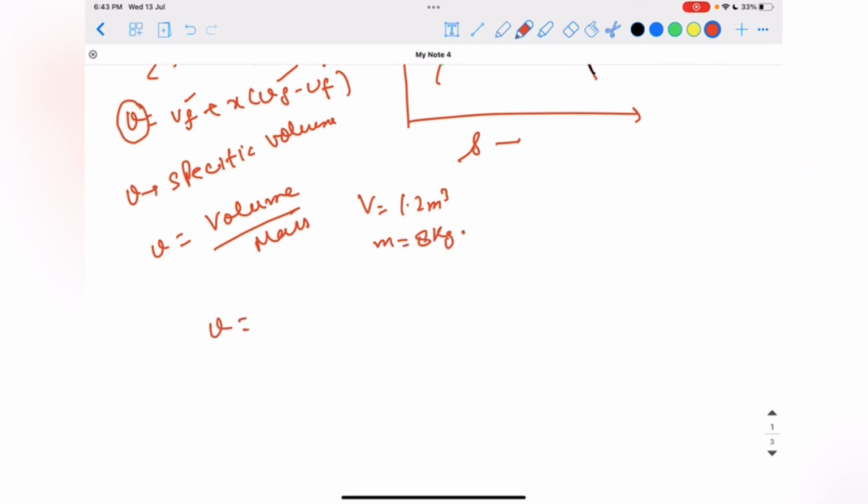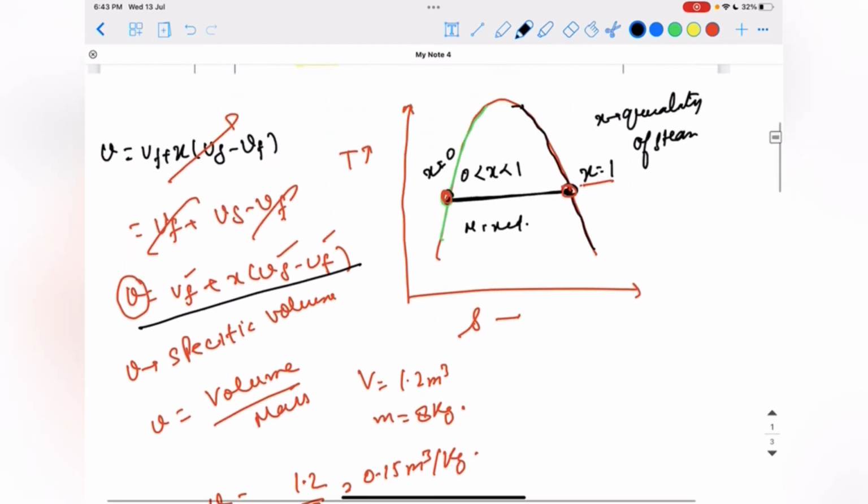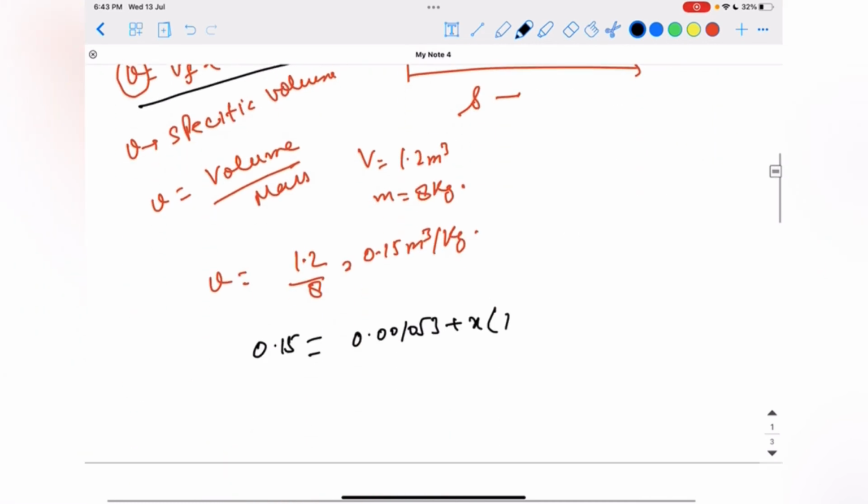So I can find V: 1.2 by 8 is equal to 0.15 meter cube per kg. Now putting this value in this equation, and putting the values of Vf and Vg also, I can find the value of X as 0.1285.